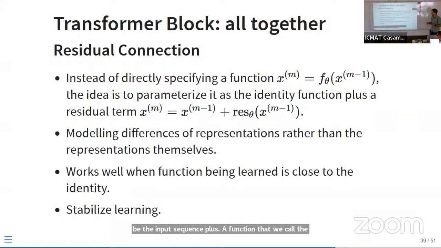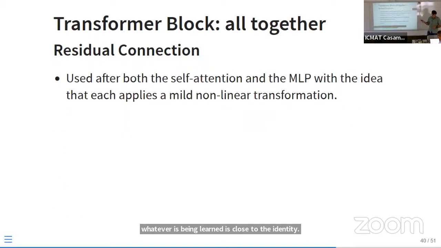Why is this important? Because instead of modeling the whole transformation, we are modeling the difference of representations of sequences rather than the full representations themselves. And this works well when we believe that whatever is being learned is close to the identity, and it also helps stabilize training. Okay, this is done in transformers and is used after both.